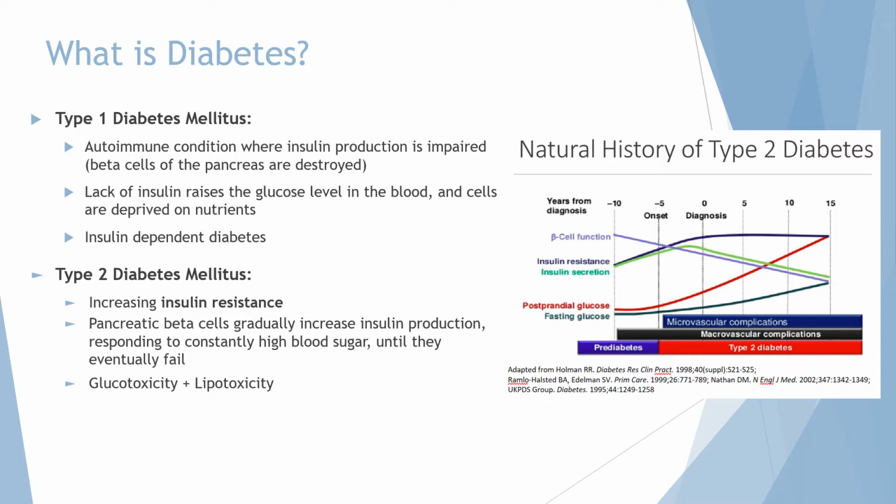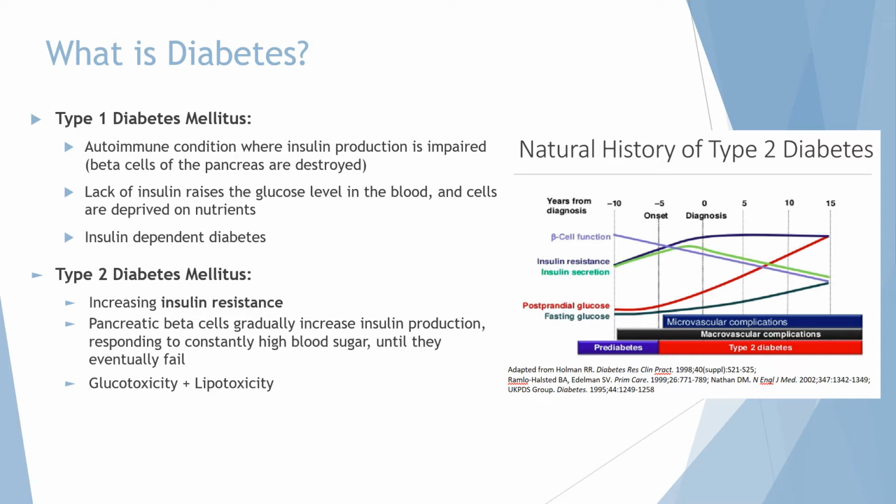Insulin acts as sort of a molecular funnel, attaching at the insulin receptor of the cells and allowing entrance of glucose molecules into the cells. Therefore, lack of insulin raises the glucose level in the blood, and in turn, cells will be deprived of nutrients.